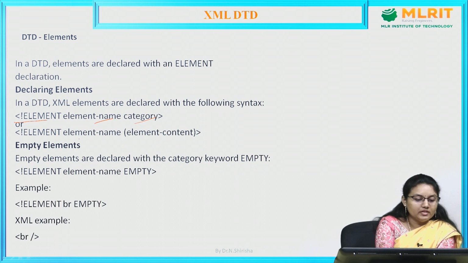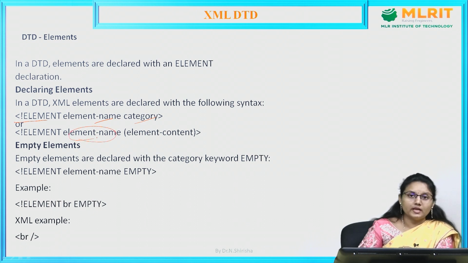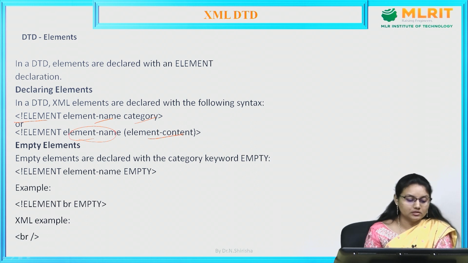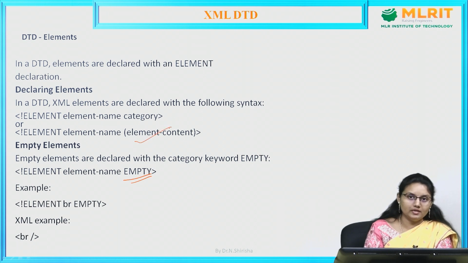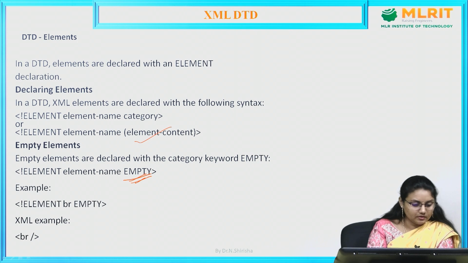The element name is the tag name that you are going to define, and the element content says whether passed data is given or not. Empty elements are those where you define EMPTY rather than giving the element content.